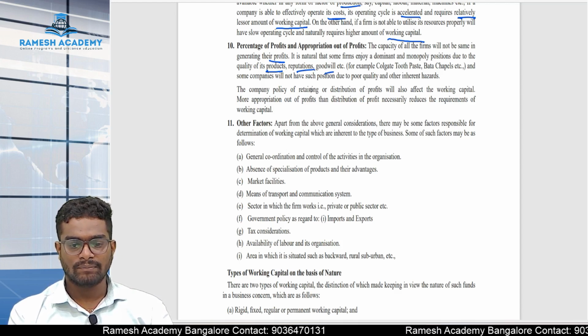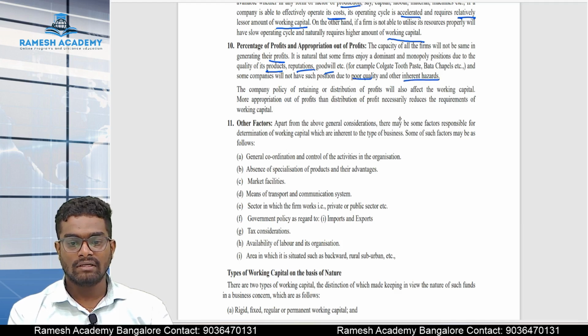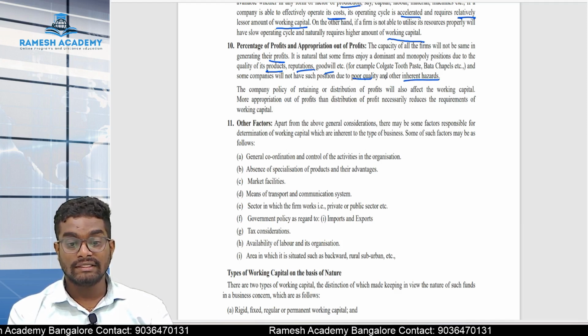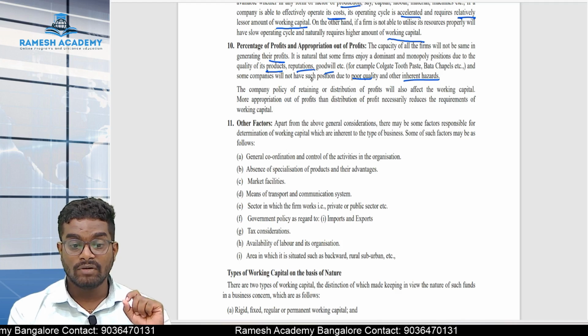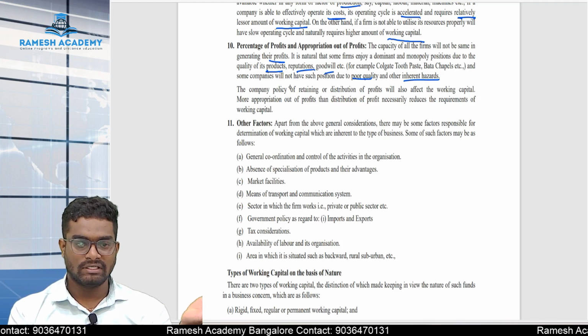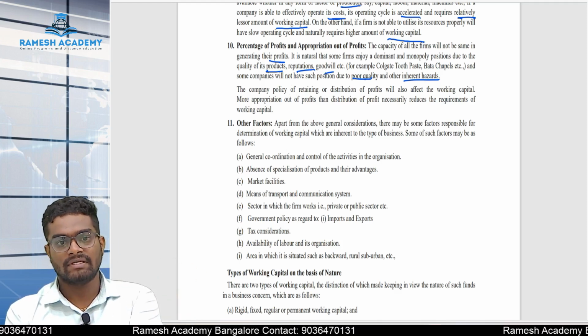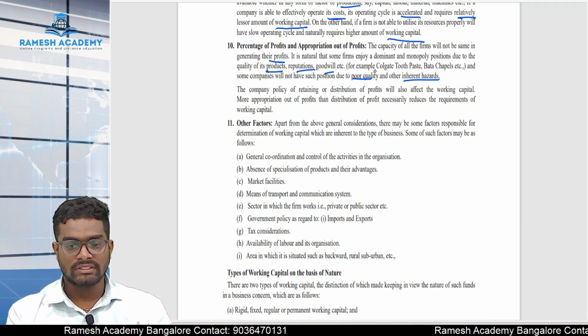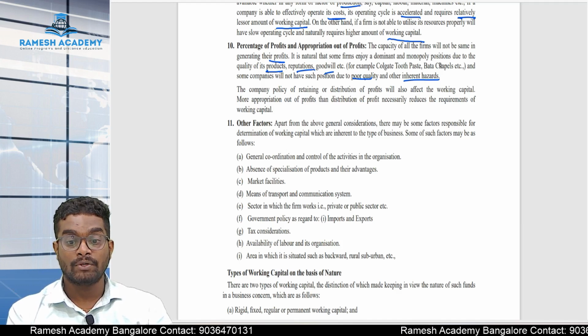Some other companies will not have such a position due to poor quality and other inherent hazards. So what they are telling here is that the capacity of the firm will not be the same in generating profit, because Reliance will be earning a different kind of profit, ABC Limited will have a different profit, and Adani will have a different profit. So it is natural that some firms enjoy a dominant and monopoly position.